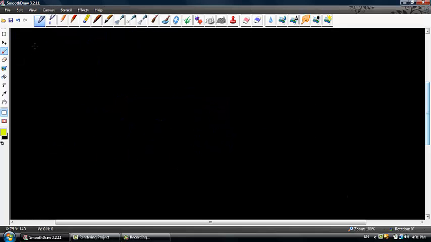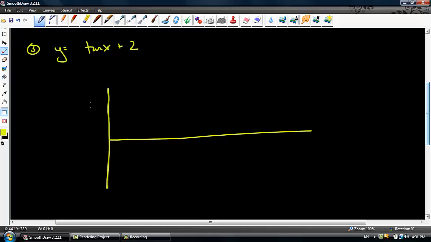Next example, if I say y equals tangent of x plus 2, I'm going to shift everything up 2. And then with tangent, remember I draw in my points first, so pi over 2, pi, 3 pi over 2, and 2 pi.